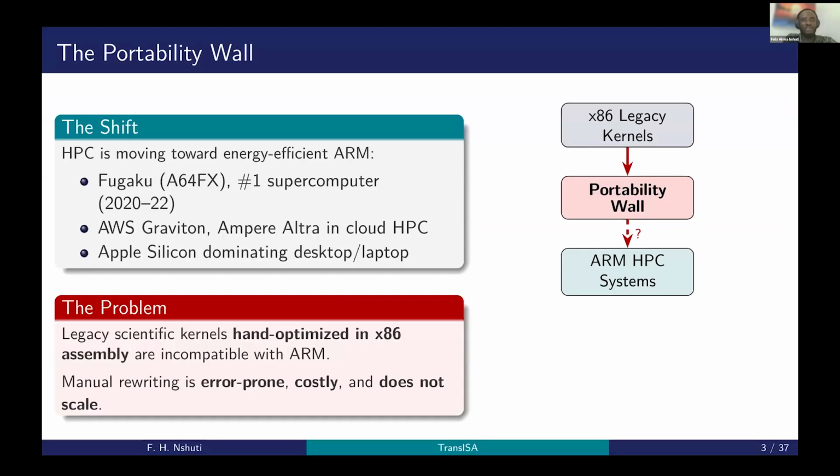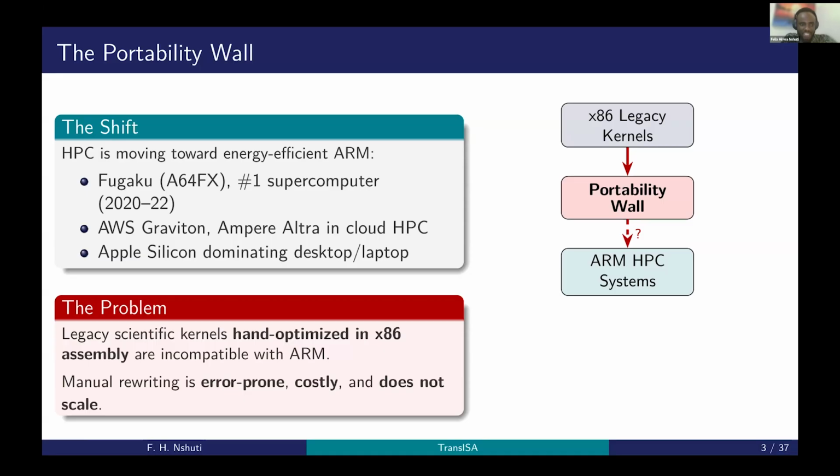The main motivation is portability. It has been observed over time that there is a shift in architecture from CISC systems to RISC systems, and technologies like Fugaku, AWS Graviton, and Apple Silicon are now migrating to ARM-based architecture.